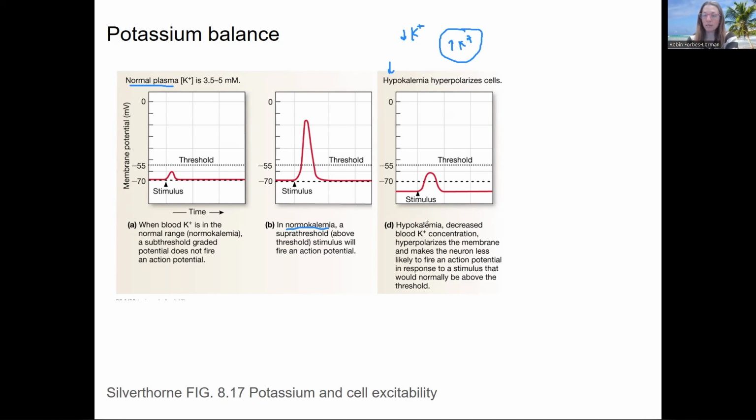And on the heart, it actually is a little bit different. You remember the heart has funny channels. In the heart it will actually increase heart rate, because that hyperpolarization is what's stimulating that regular beating.